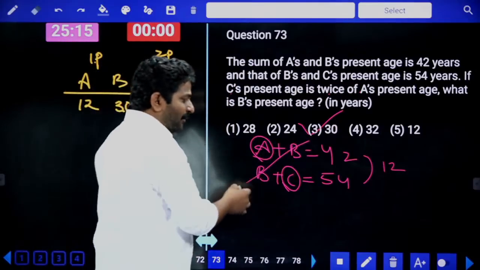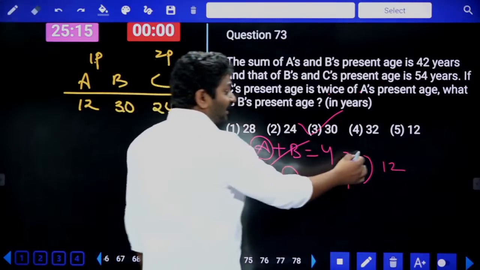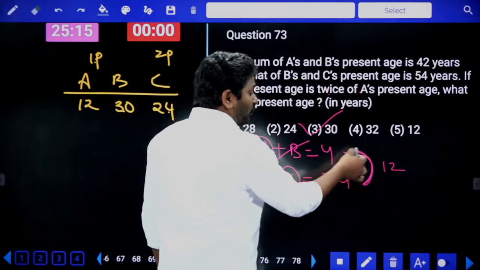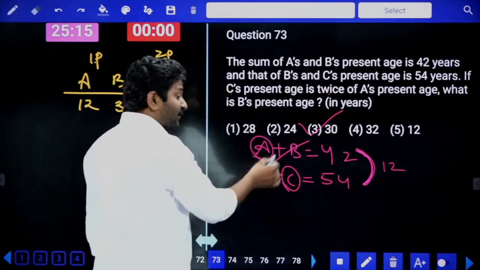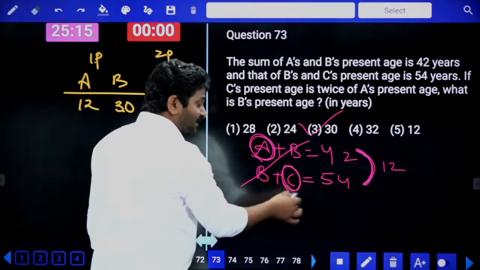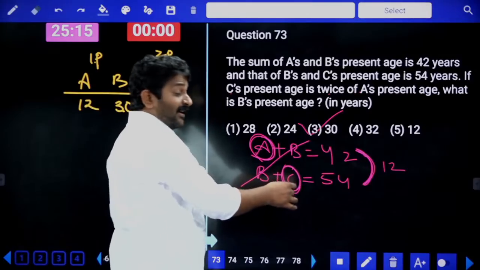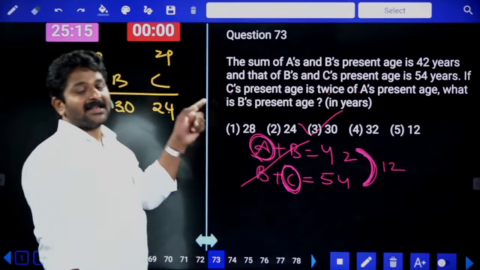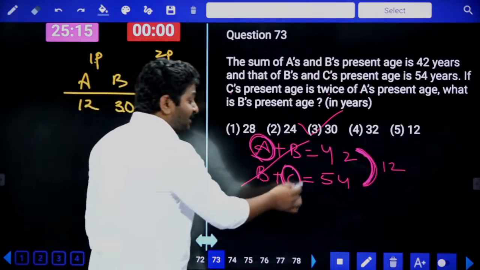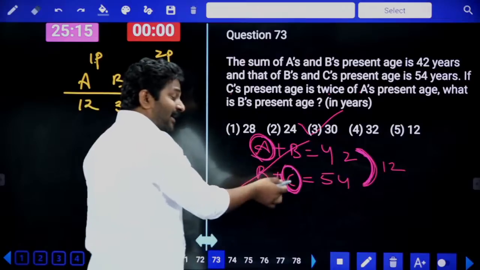When B is common, whatever the difference that we have between 42 and 54, this 12 years difference is just because of A and C. C's age is 12 years more than A's age.